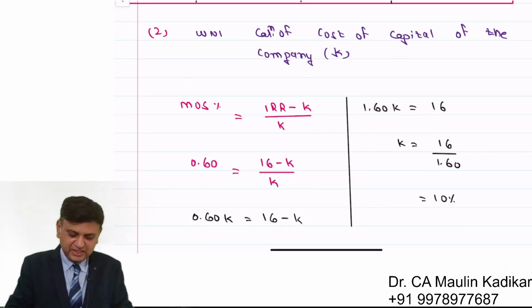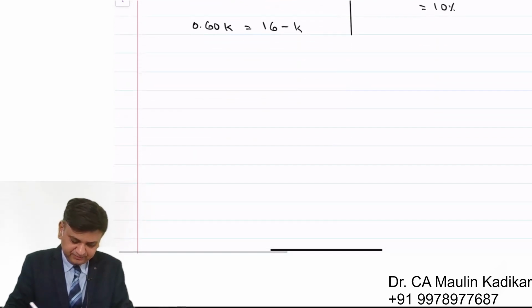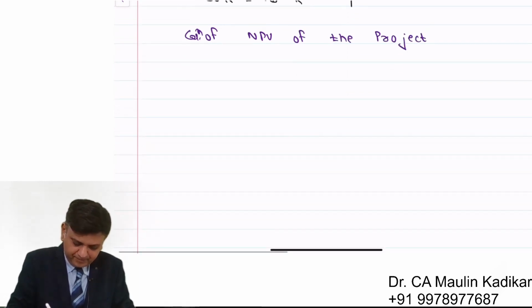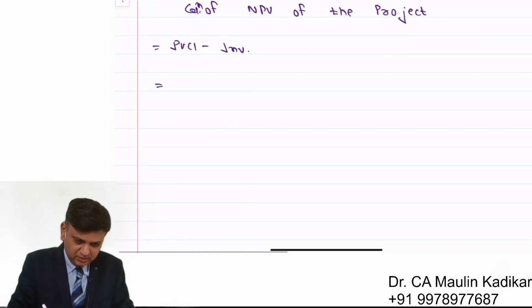Now based on that, the NPV calculation is very simple. Calculation of NPV of the project. In that, present value of cash inflow minus investment.